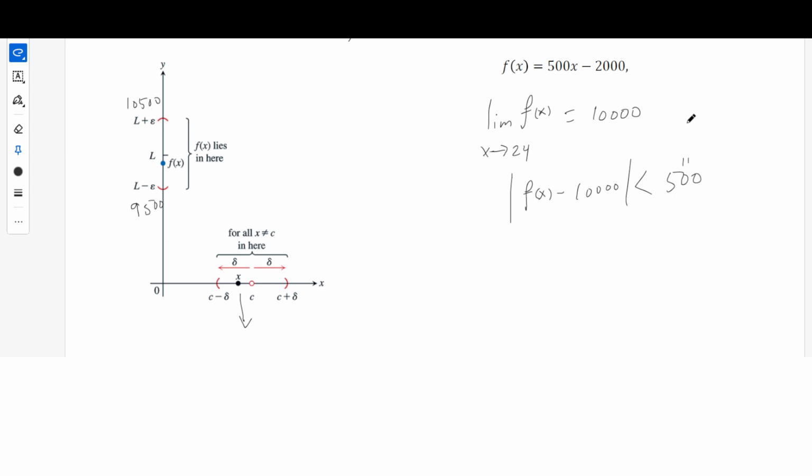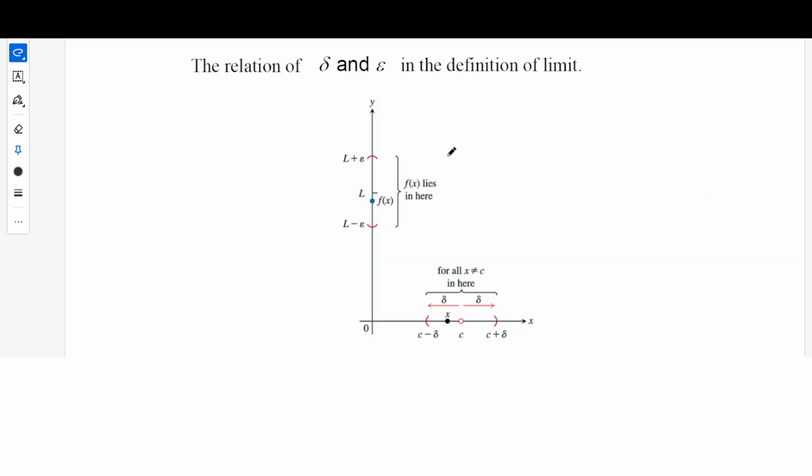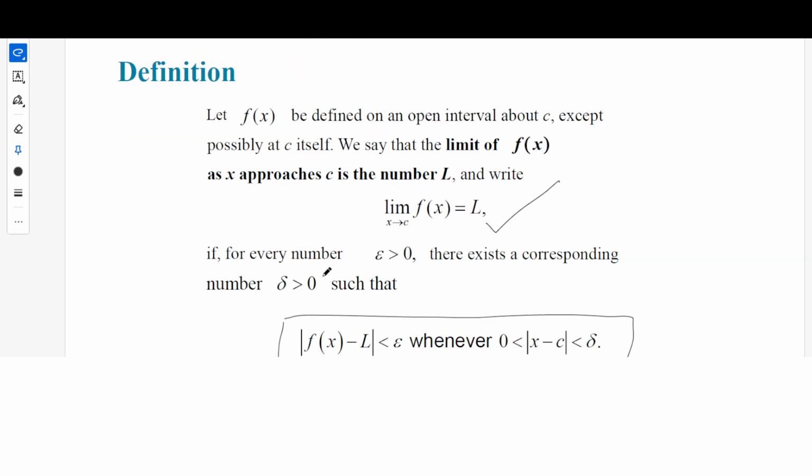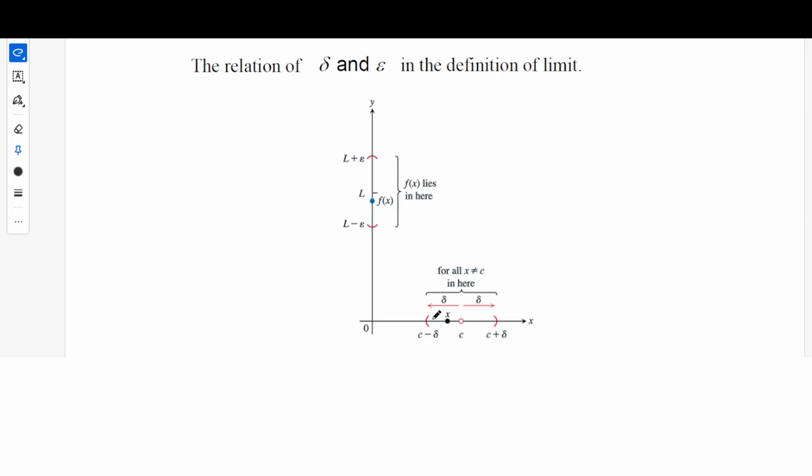So that is the epsilon we are looking for. According to the definition of limit, for any epsilon, you should come up with some delta such that the value of any x from that open interval is supposed to be inside this open interval on the y-axis.